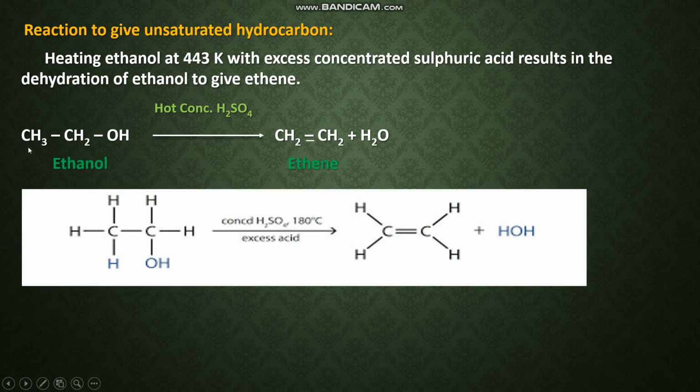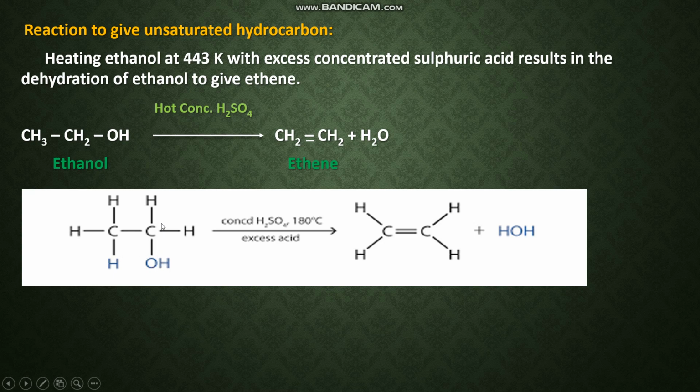We can write the structure of ethanol, already you know how to write. CH3, C is bonded to 3 hydrogens, and this C is bonded to 2 hydrogens and 1 OH group. This OH we can write here or here or anywhere. So it is easy to understand how this reaction takes place.